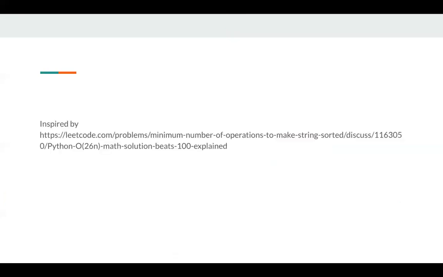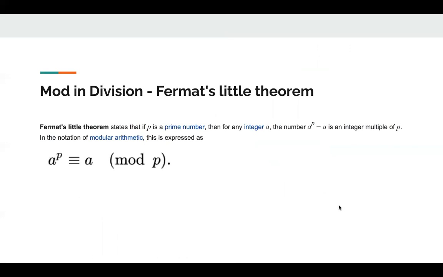Okay, it's inspired by this link. So for mod in division, we can use Fermat's little theorem: p is a prime number, and for any integer a, a to the p minus a is an integer multiple of p. Let's assume that we divide by a.